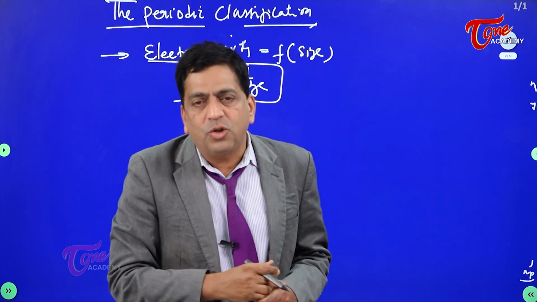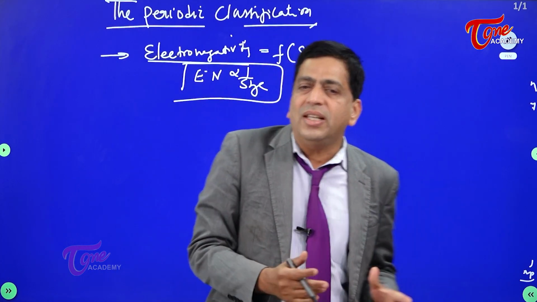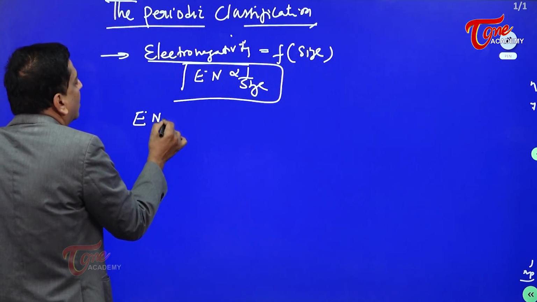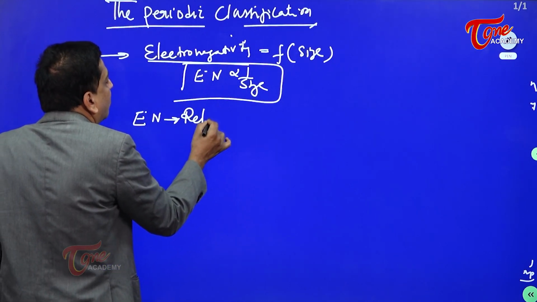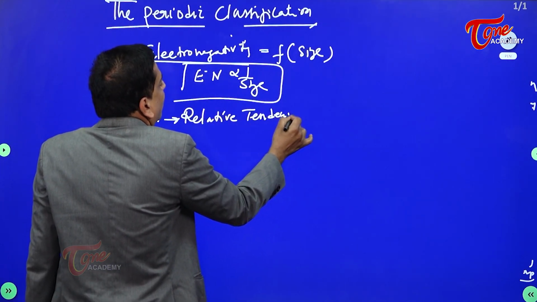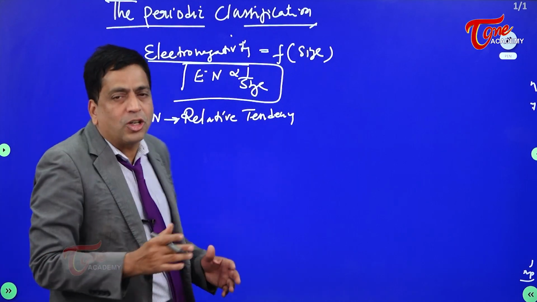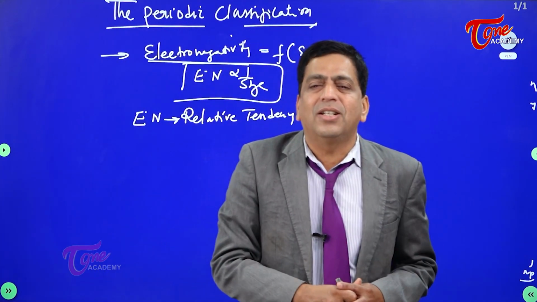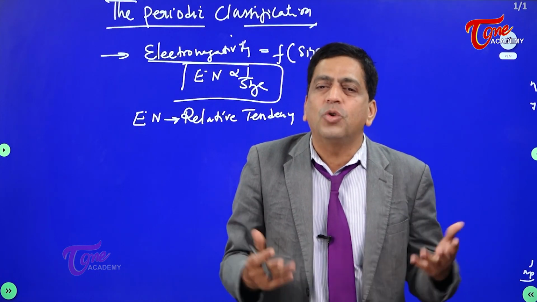Since electronegativity is basically a relative tendency, a relative tendency of attraction of the electron pair in a bond, it can be called a relative tendency to attract an electron pair towards itself.